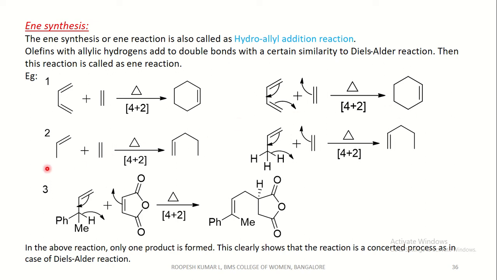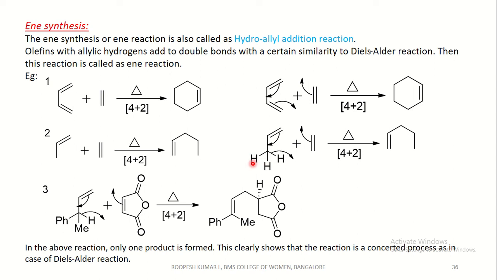Whereas coming to the second example, this is a propene. This reacts with an ene, that is a dienophile. We get a pentene. Here this is not a diene, but this is similar to the Diels-Alder reaction. That is, propene has an allylic hydrogen.